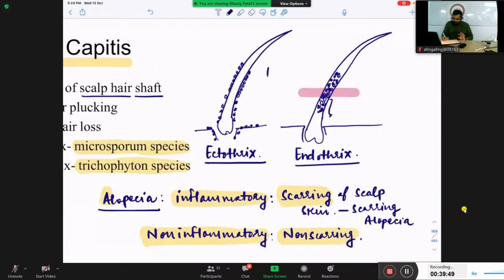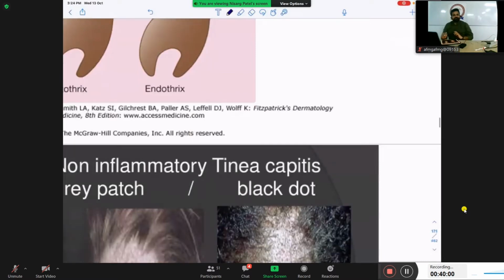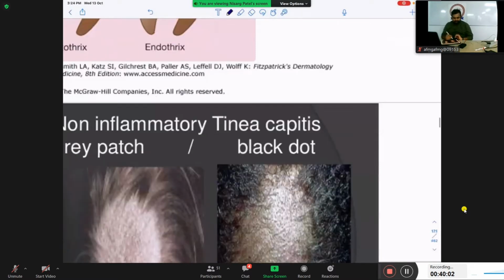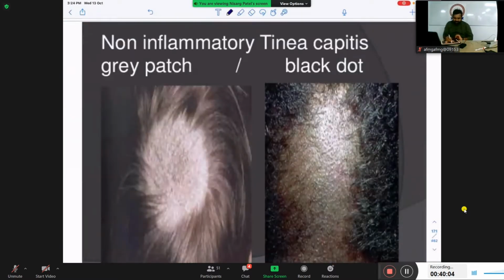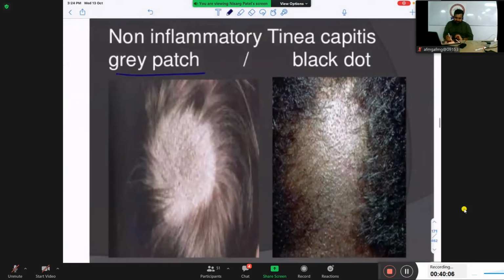Because the hair is eaten up, and now this part is inside the hair follicle. So if I have an area of infection and I see it from above, it will look like this. In an area of gray patch, what I can see is a gray patch area. There is a total loss. Only skin I can see that it is infected. So it is a gray patch alopecia.